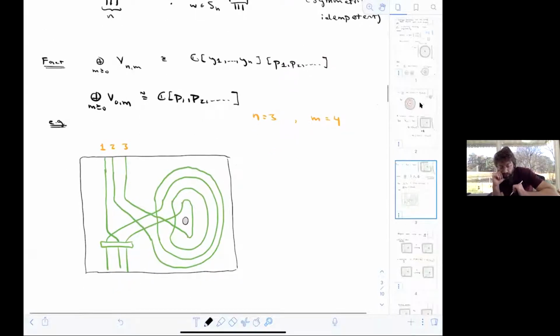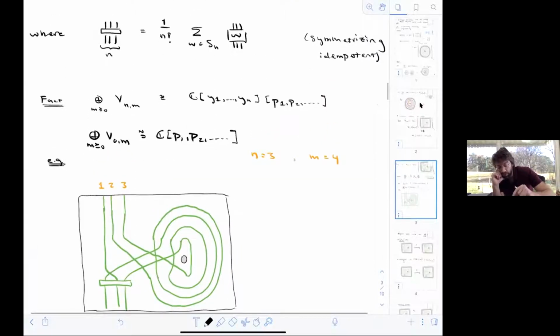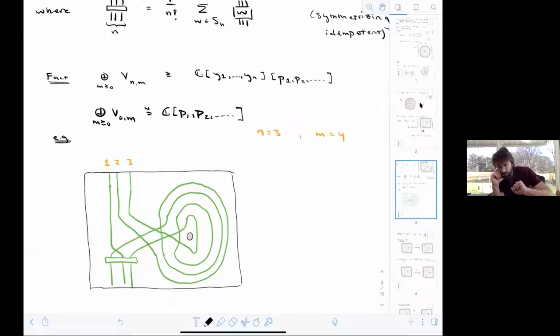The way this works is, again, we're interested in decomposing such a diagram into its components and asking how many times those components wind around the whole of the annulus. So for example, here's our first component. It winds around the annulus 0 times. So that's going to give us a y1 to the power 0.